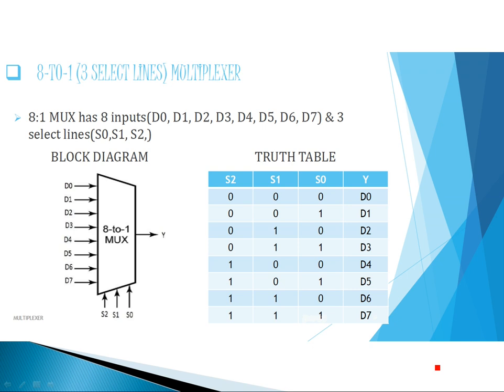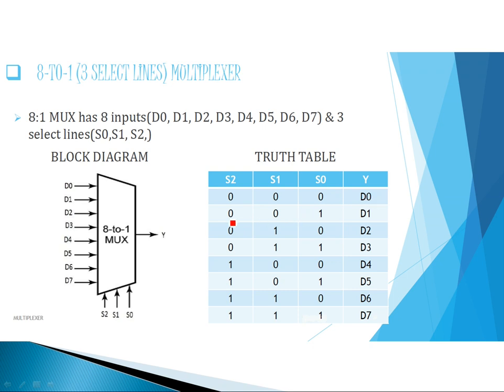And the logic diagram is similar. So here we require 8 AND gates of 4 inputs. For the first AND gate, the inputs are S2 bar, S1 bar, S0 bar, D0.